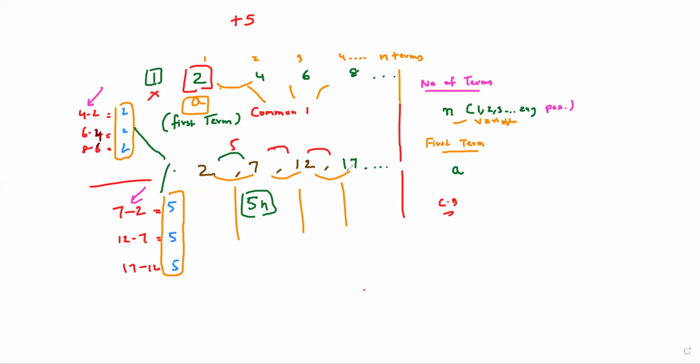So what do you think फॉर्मूला कैसे बनेगा? हमारे पास n भी है, हमारे पास a भी है, and we also got a common difference which is d, and let's say using that formula I should get this 2 or let's say 4.